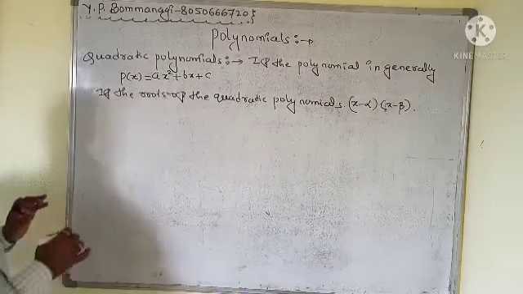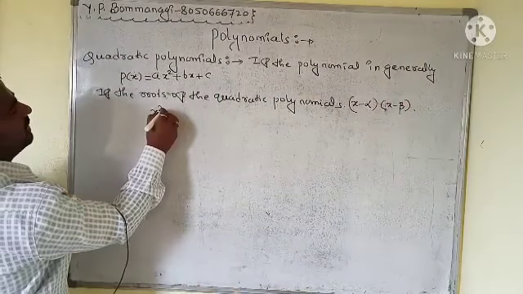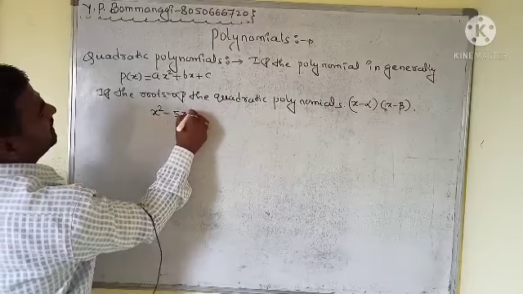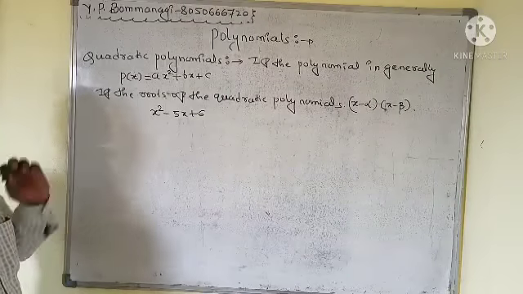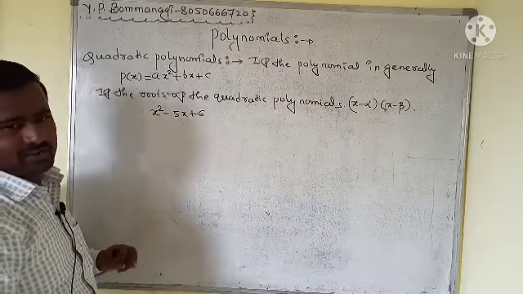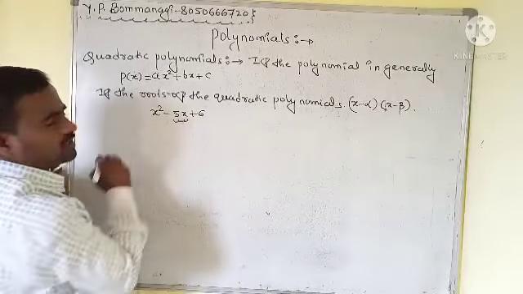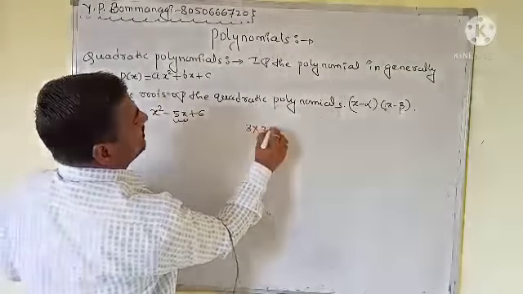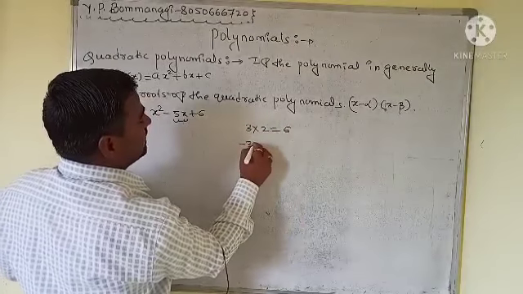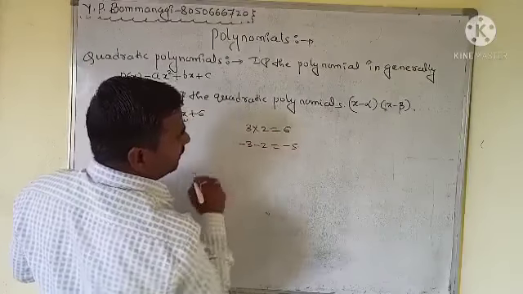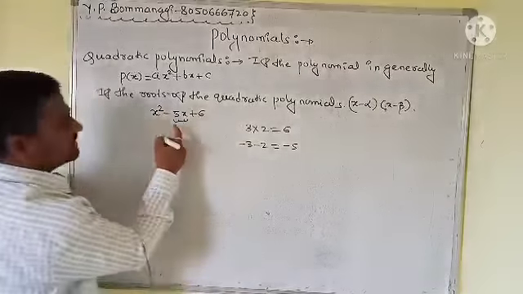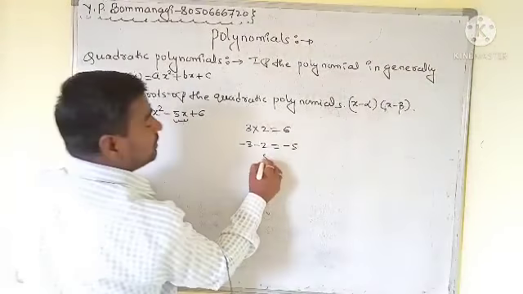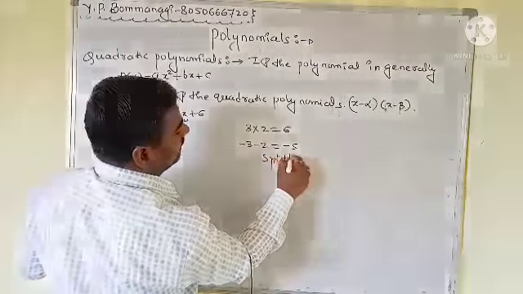In this expression, I can give one example, x square plus 5x plus 6. How to split these values? Keep in your mind, you are checking that equation. So when you take 3 twos are 6, 3 plus 2 is 5. So you can check this.